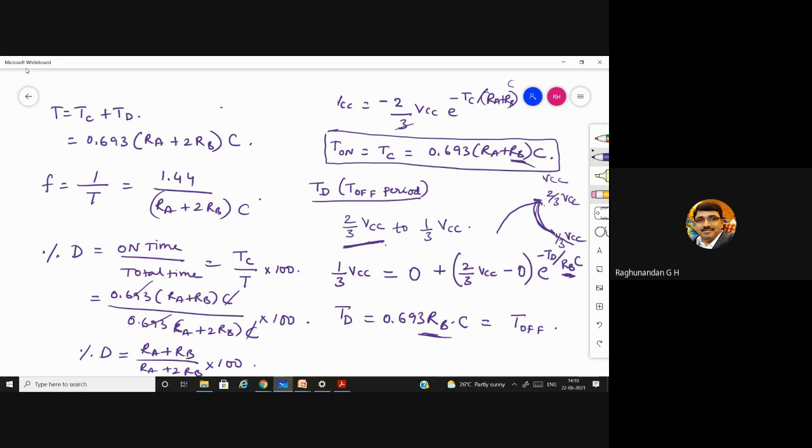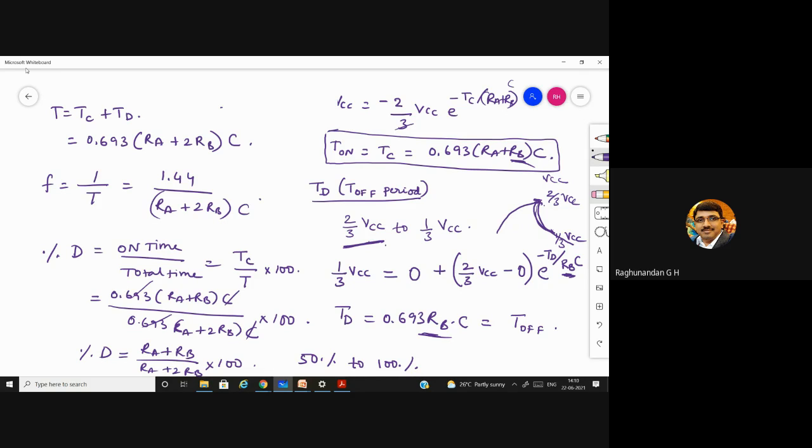It can be varied from 50% to 100%. On time by total time tells us for what amount of time the multivibrator is in the on condition, that is, the output is on, and from that we can find for what duration the output is in the off condition.